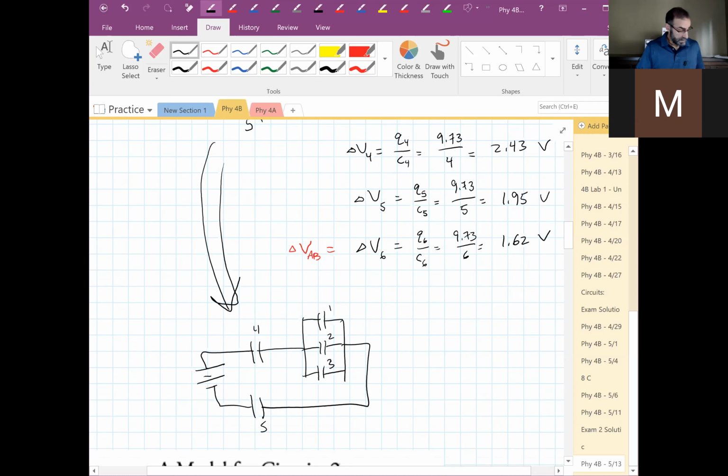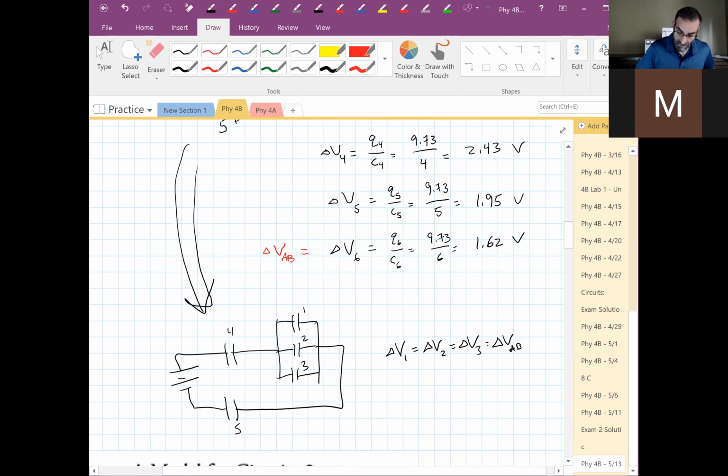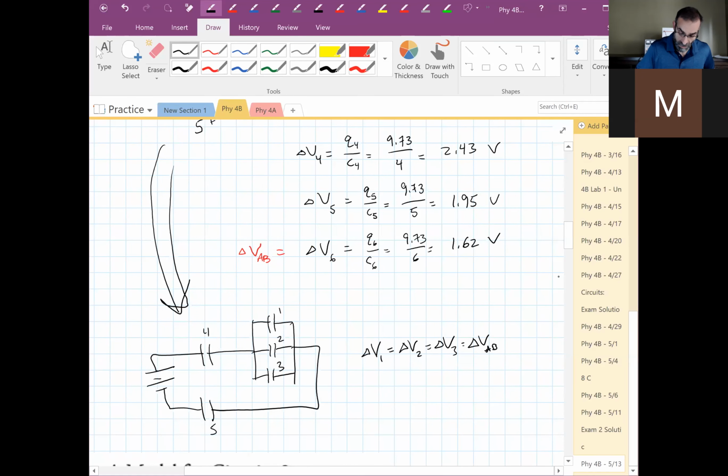So I say delta V1 is delta V2 is delta V3, delta VAB, or 6, whatever you want to call it. I'll call it 6, I guess, here.